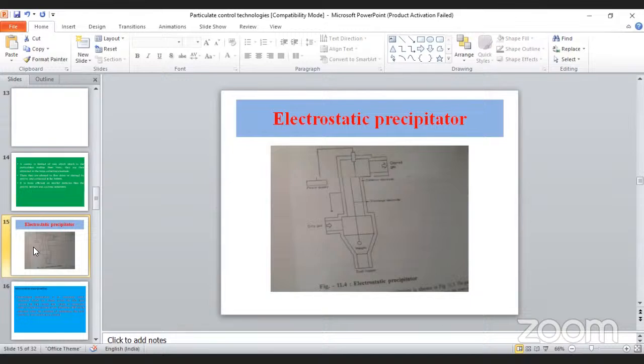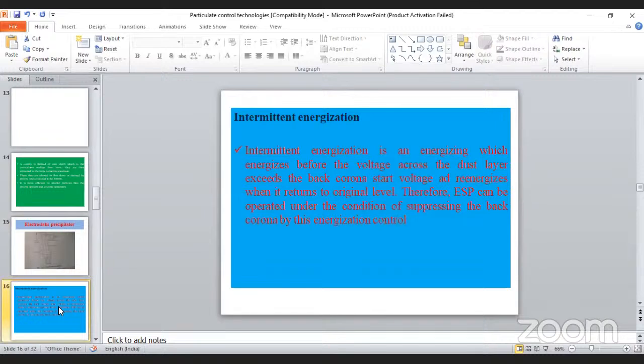When attached to each other, it reaches the saturated or inactive condition. Those particles settle down at the bottom, and the clean gas is exhausted from the top right side. This is the principle involved in the electrostatic precipitator.